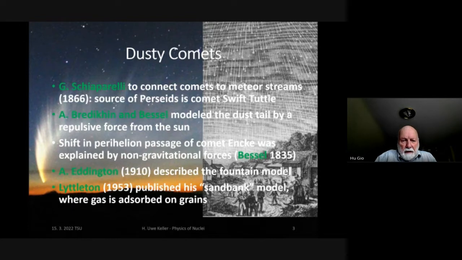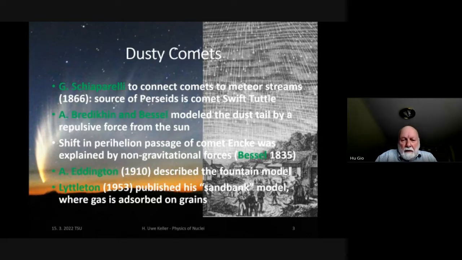And the connection between comets and meteor showers was found by Schiaparelli in the middle of the 19th century. Then people started to model the dust tails which appeared, and found out that a repulsive force from the sun is needed.